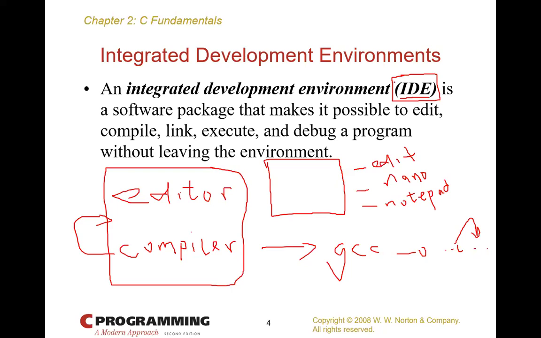And that is what we call the integrated development environment, where the editor and the compiler are brought together as a single program. So in it, you can edit your code, you can compile your code, you can link, you can execute, you can do everything. You can debug without moving from editor to compiler and then from compiler to editor and roundabout.